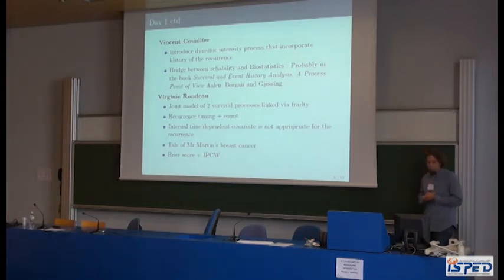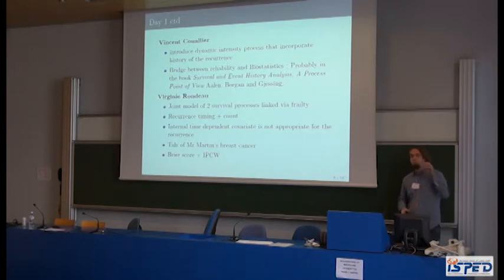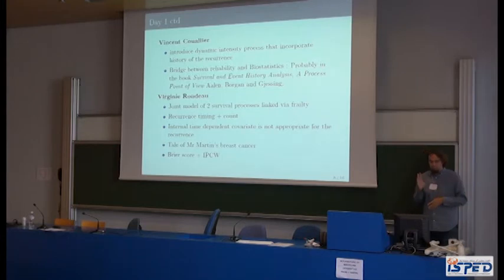She mentioned also the fact that an internal time-dependent covariate is not appropriate for the recurrence, so I think it's also a take-home message that you have to make clear what is a time-dependent covariate and what are states, and that you cannot put states as covariates in a Cox model like that.